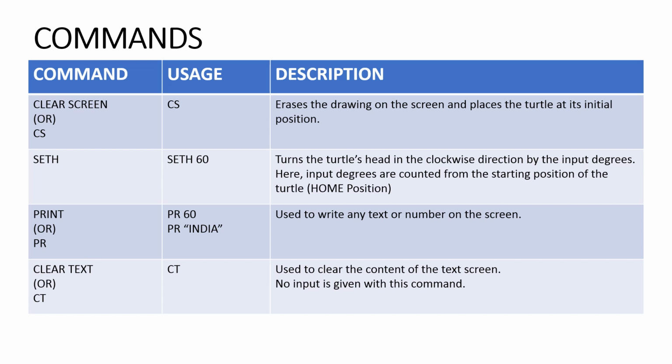But here in the SETH command the input degrees are counted from the starting position of the turtle, from the default position. In left and right commands the input degrees are counted from the current position. You will understand more when we see the practical of all of these commands.